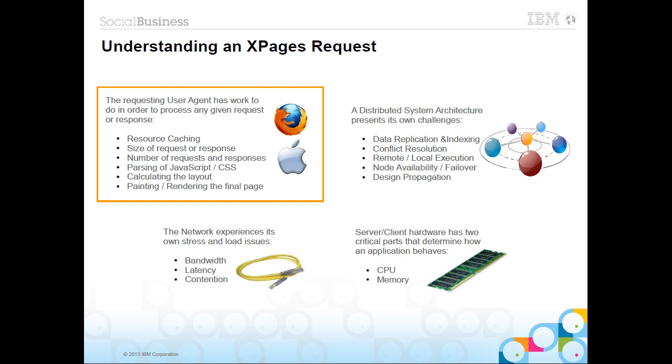In this second section of video 2, let's now gain an understanding of an XPages request. There are lots of factors to consider that will ultimately determine the performance and scalability of any given XPages application.